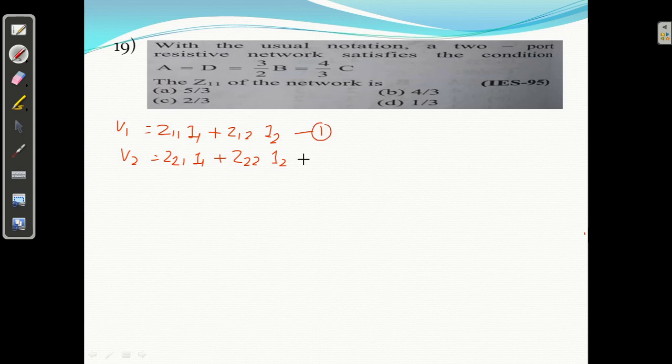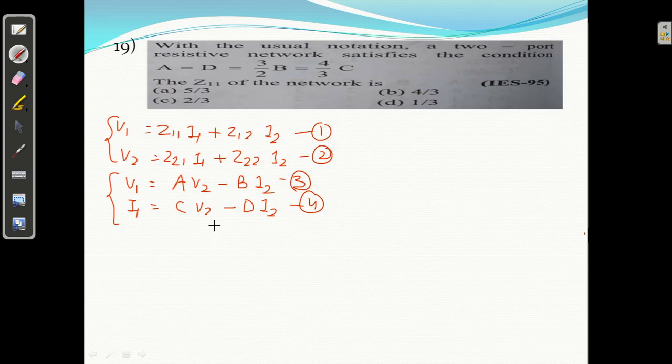Equation number 1, equation number 2, V1 and V2 in terms of I1 and I2. Clear? Similarly, in transmission parameters V1 and I1 are represented in terms of V2 and I2: V1 equal to A V2 minus B I2 and I1 equal to C V2 minus D I2. Equation number 3 and this is 4. So we have written the Z parameter equations and transmission parameter equations, right?